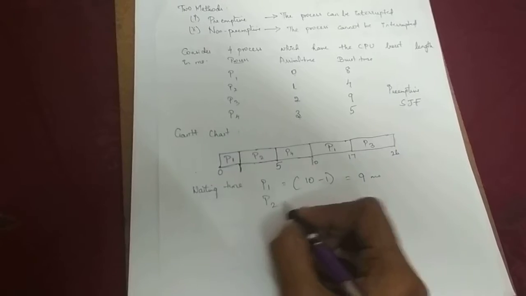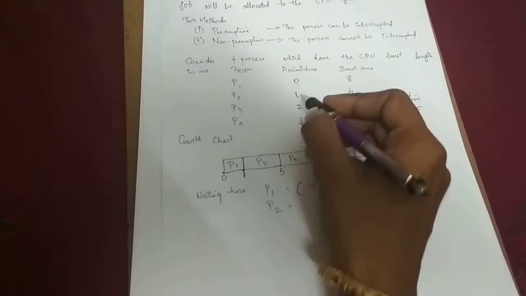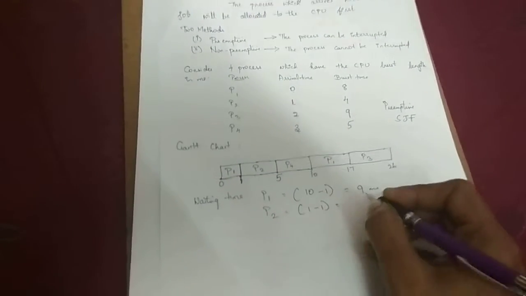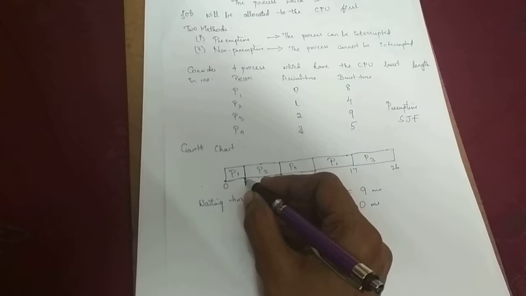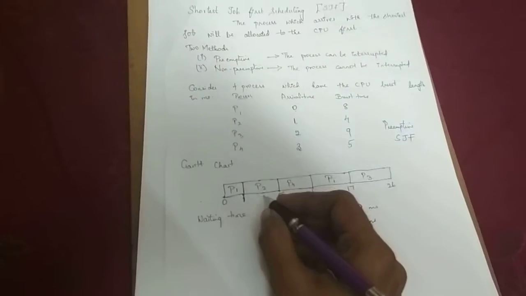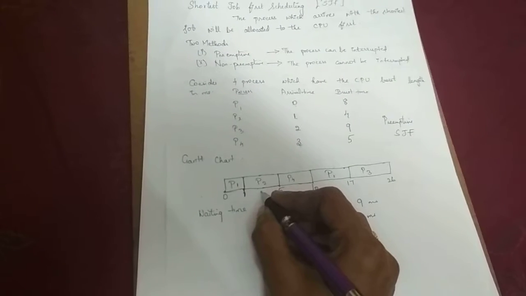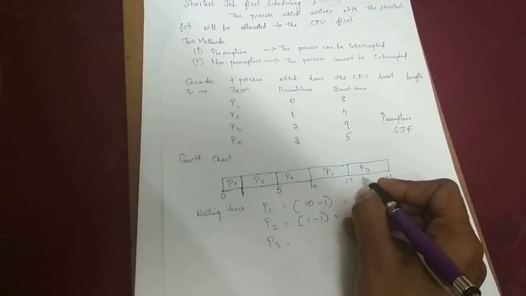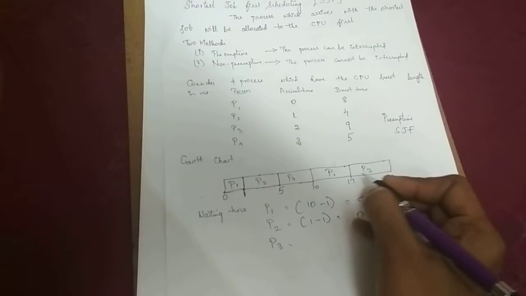Like this, P2 arrives at the first second and starts its execution, so it doesn't wait. 1 minus 1 is equal to 0. No waiting time for P2. P3 arrived at 2, and it waited till 17.